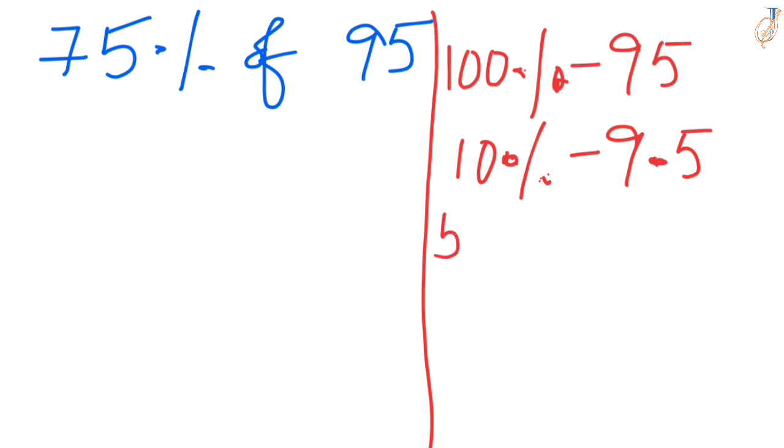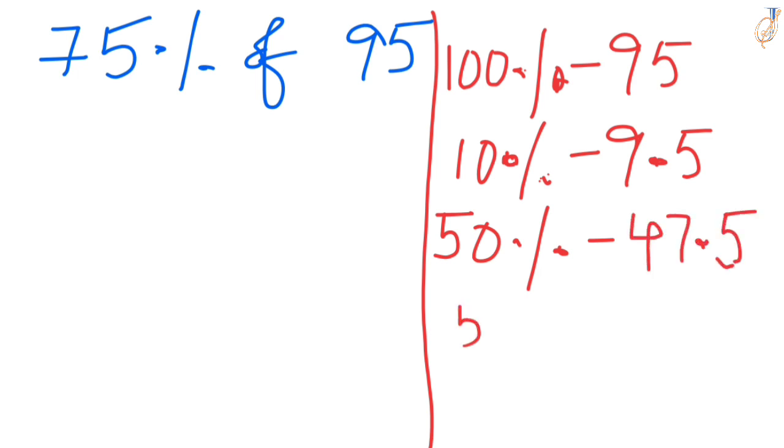Then go with 50%. What is 50%? Half of 100%. Half of 95 is 47.5. What is 5% of 95? 5% is nothing but half of 10%. Half of 9.5 is 4.75.